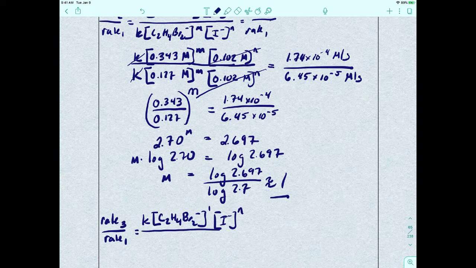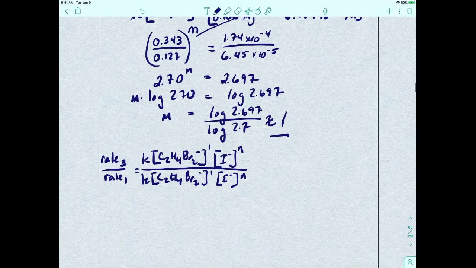We're still figuring that out. Okay, and we're going to write the same thing for the rate law for the first reaction. Now we're going to pop in our concentrations and what we know for experiment 3 versus experiment 1.